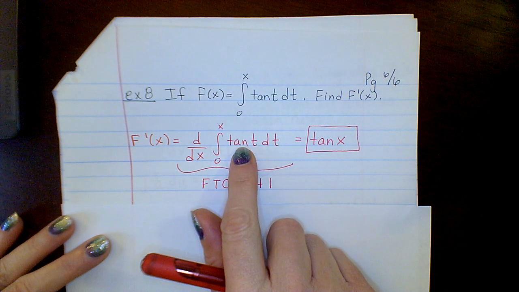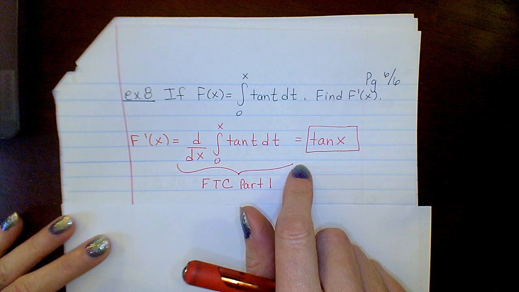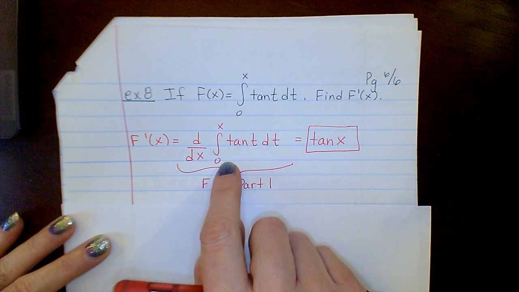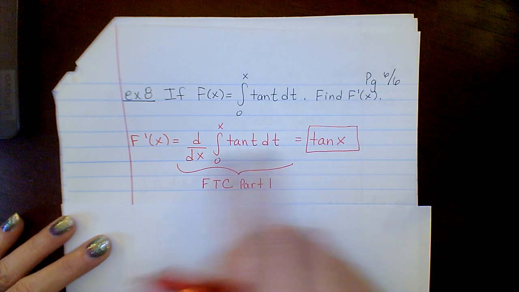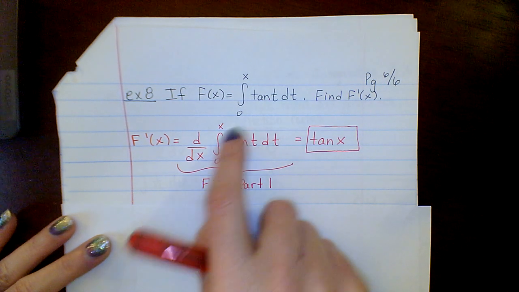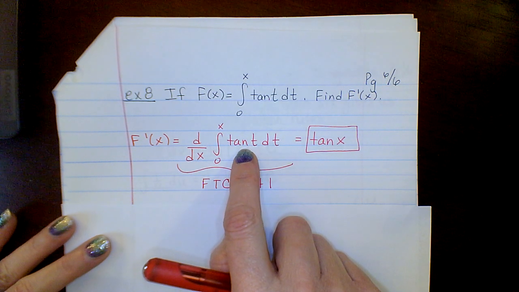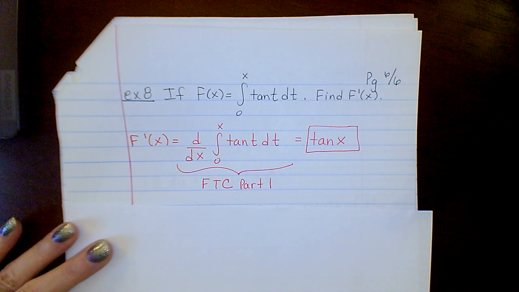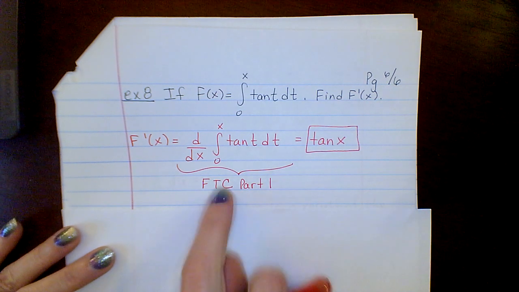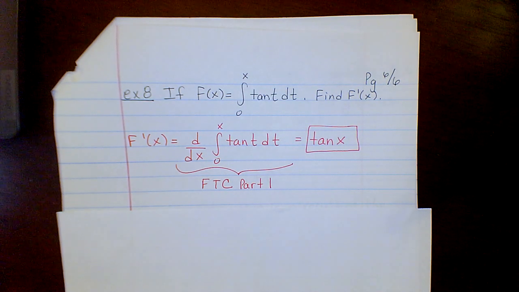So what happens is you integrate this, you get a function, you evaluate it from 0 to x, and then you turn around and you differentiate it, which is going to pull it right back to where it started. But now it just has that x plugged in. So this is a result of that fundamental theorem of calculus.